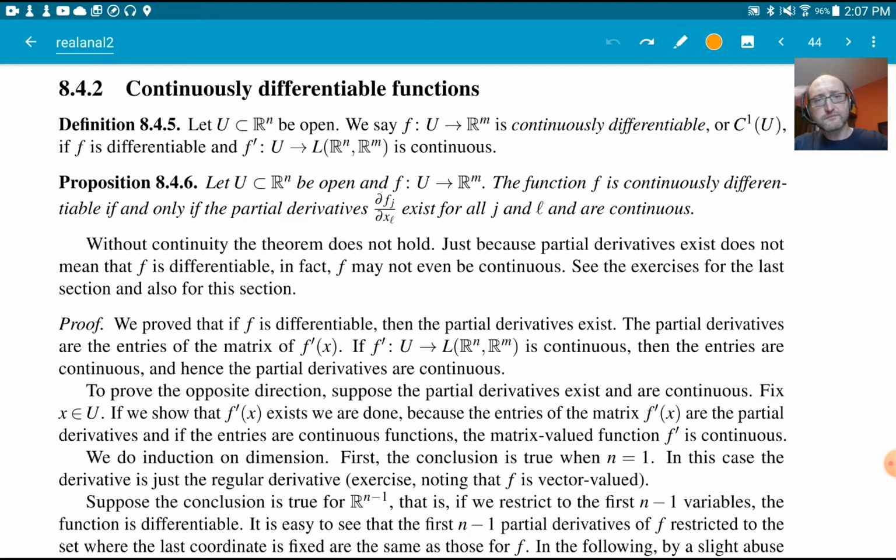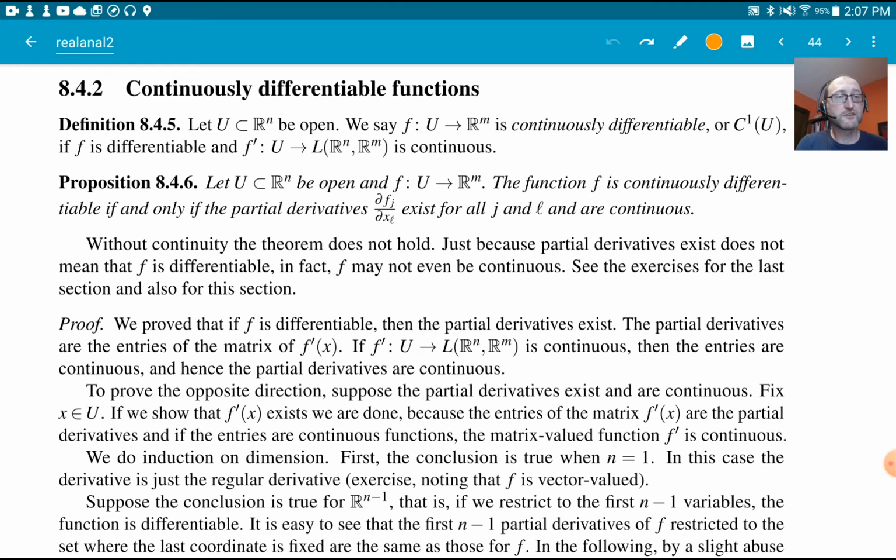All right. So how do we tell something is continuously differentiable? There's actually an easy way of doing this in terms of just the partial derivatives. It's not always true that if partial derivatives exist, that the function is differentiable.